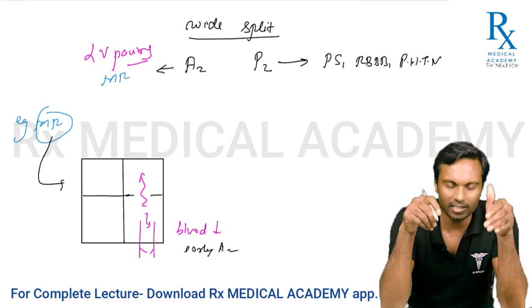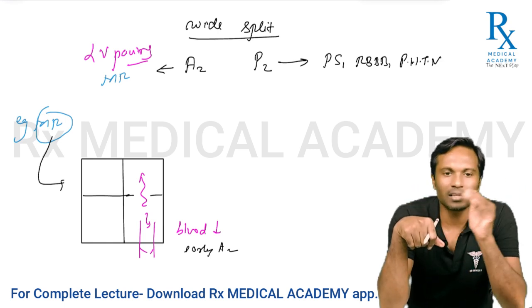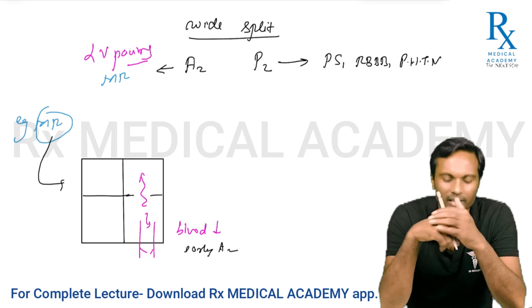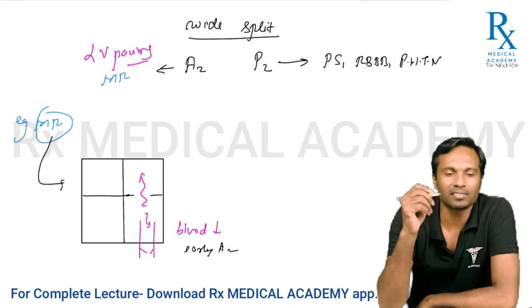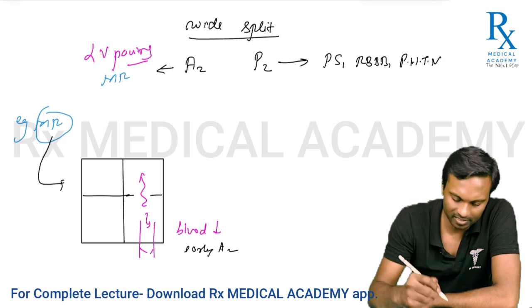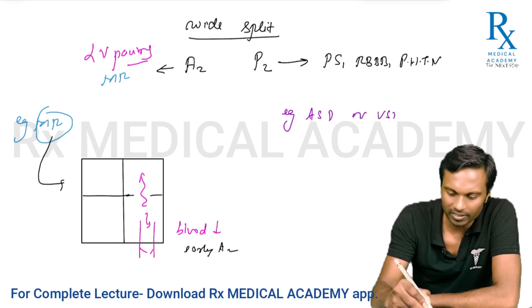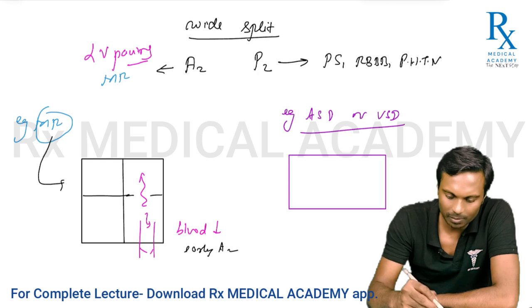So in case of mitral regurgitation, because blood flow through the left side of the heart decreases, that is, blood flow through the aorta decreases, it results in early closure. Let's take another example: ASD and VSD in pediatrics. Example: atrial septal defect or ventricular septal defect.